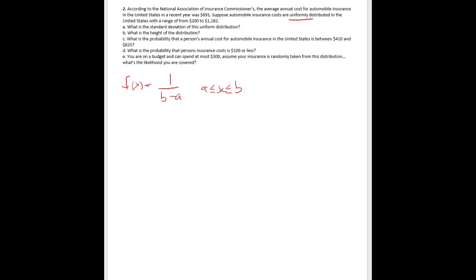So then, for our case here, we're going to have f of x is equal to 1 over 1182 minus 200, defined over that same range. So I'll just rewrite it here. f of x is equal to 1 over 982, and that is defined on the range of 200 to 1,182.